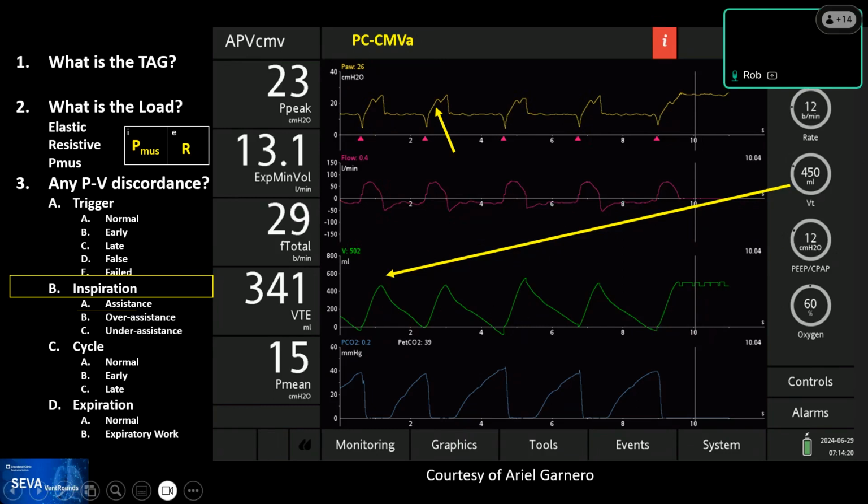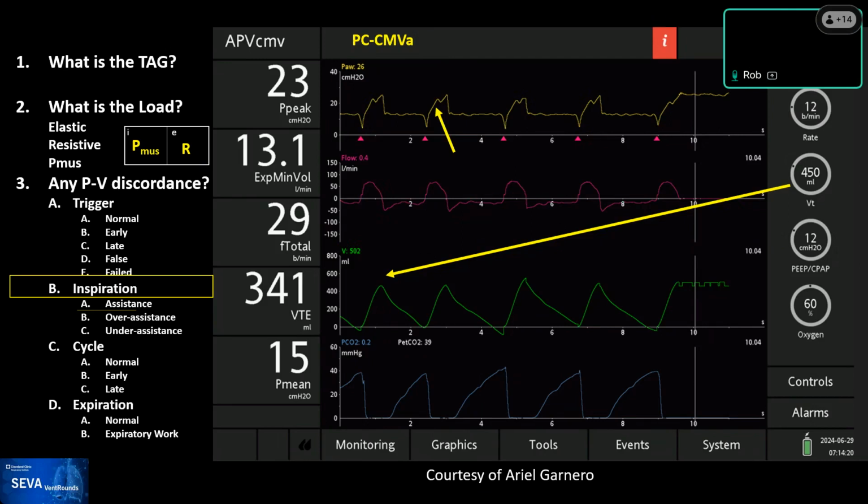Any comments on that, Ariel? Have we interpreted that? Megan is asking if the elevated plateau pressure indicates air trapping. Well, it indicates that the tidal volume is larger than a passive tidal volume.